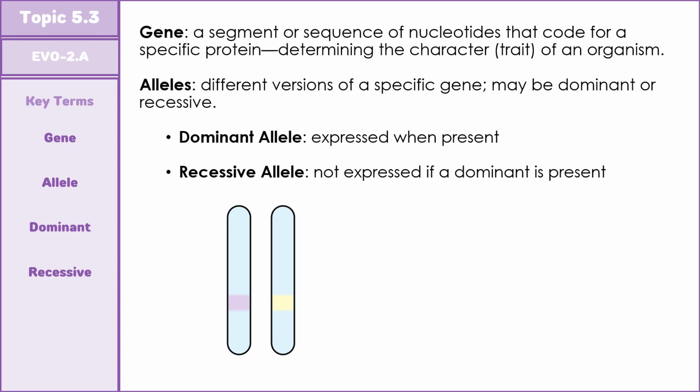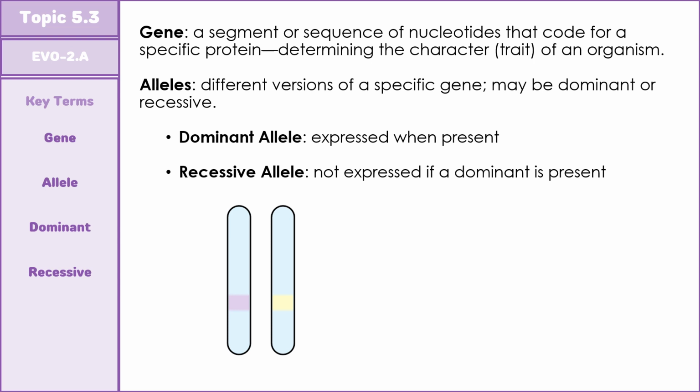They have some sort of genetic code that decides how their function and structure are really put together. So it is these sequences of nucleotides, the segment of our DNA, that determines what the character or trait of our organism is going to be.